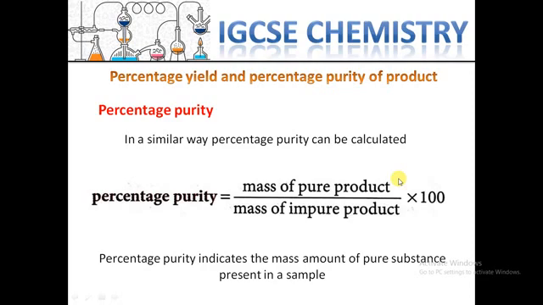Percentage purity indicates the mass amount of pure substance present in a sample. In a sample means the whole products, the total product.